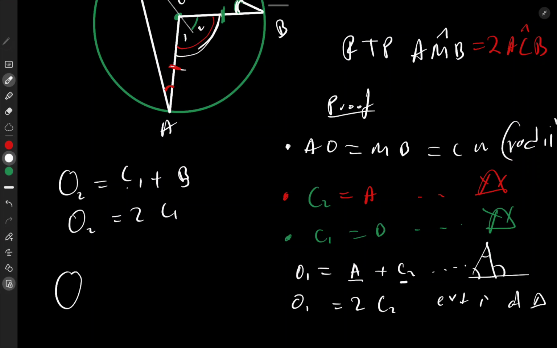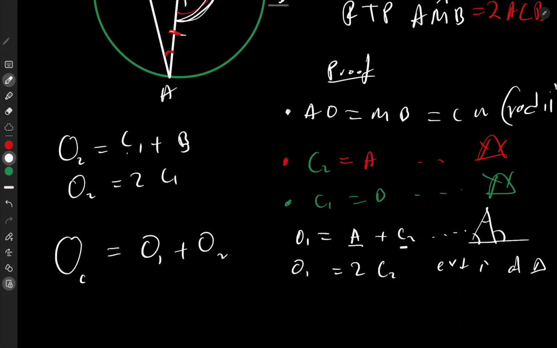But we notice that angle O is this one, right? Angle O is equal to angle O1 plus angle O2, or I can just call it the angle in the center that we're talking about. So what is O1? We got it here. We said it's equal to 2C2. What is O2?